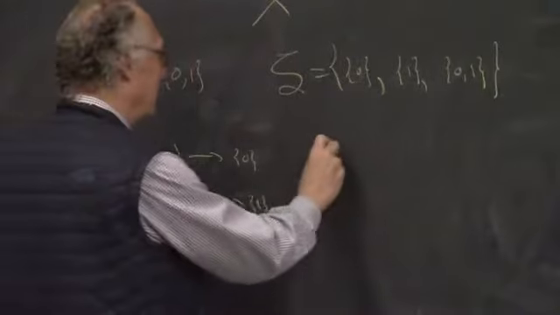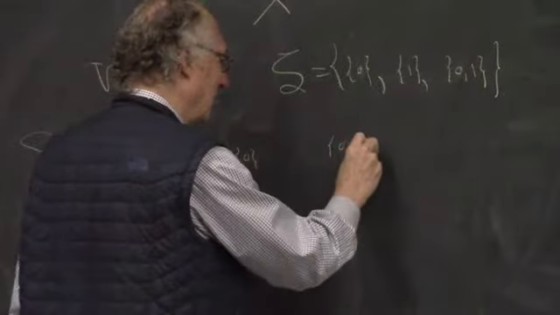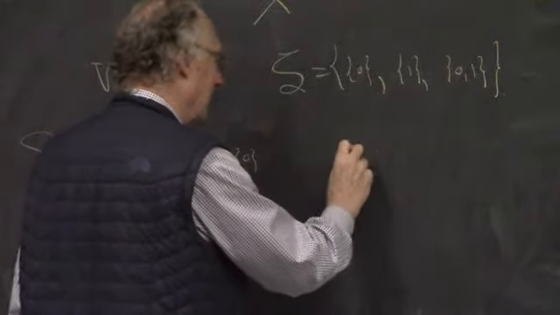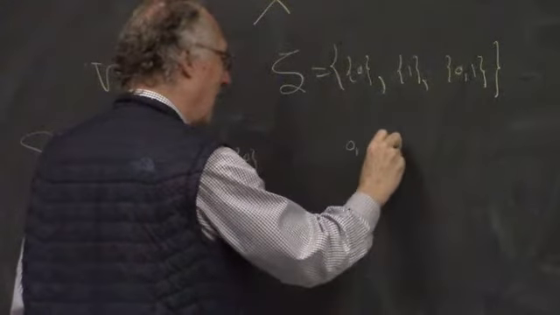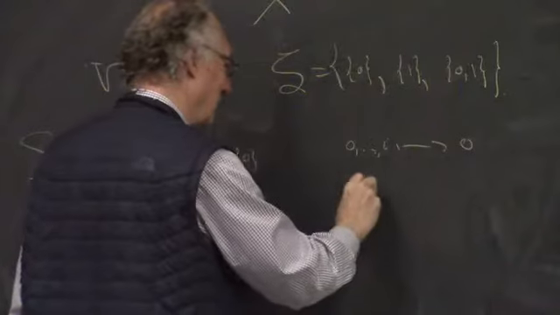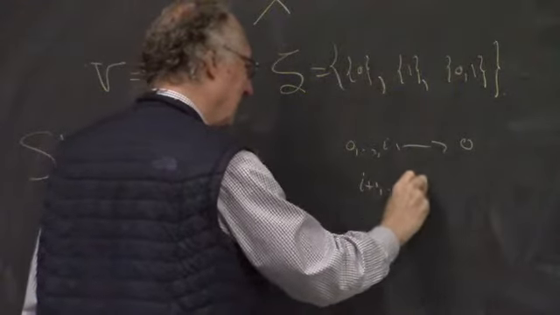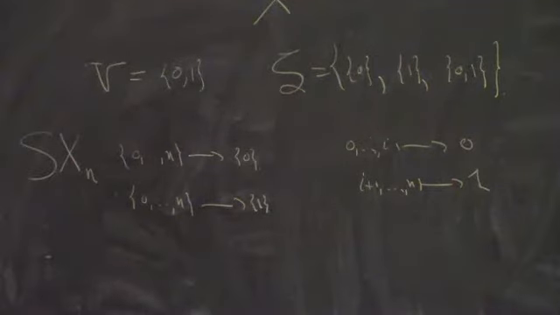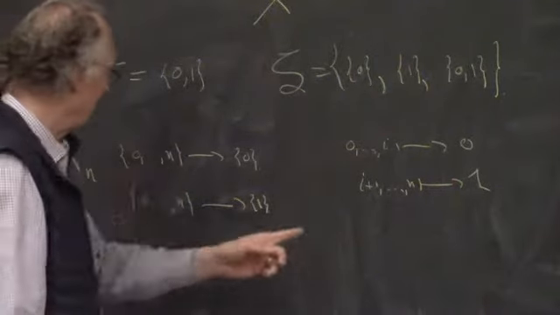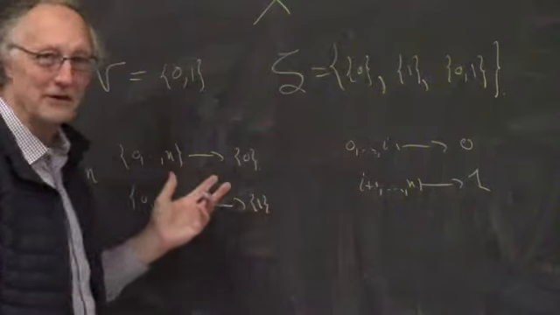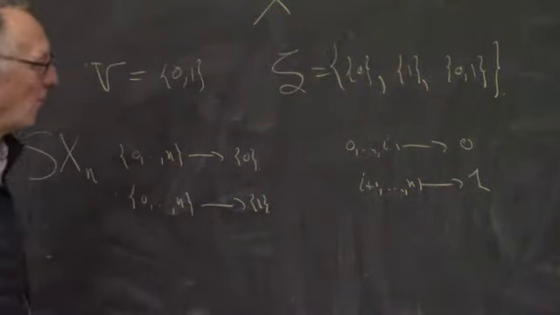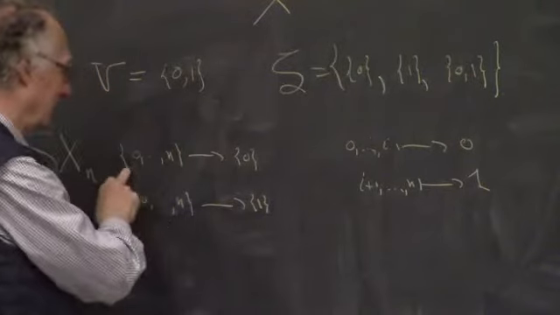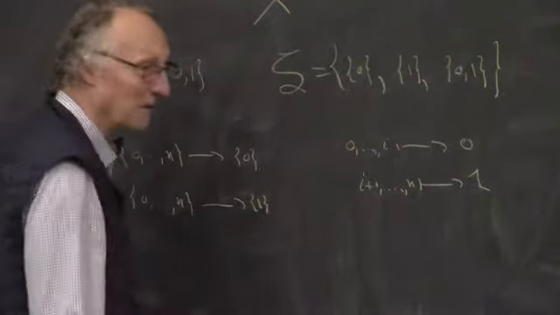And then we have a collection of possibilities like this: 0 up to i goes to 0, and i plus 1 up to n goes to 1. That could be for any i, and these are the two extremal cases.